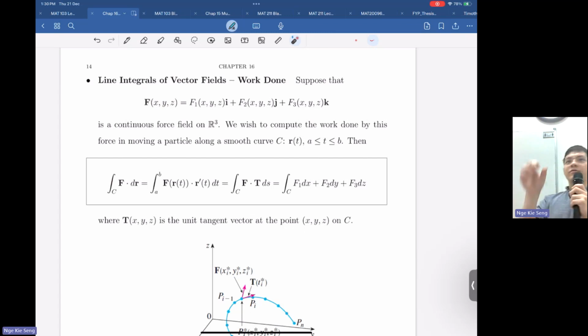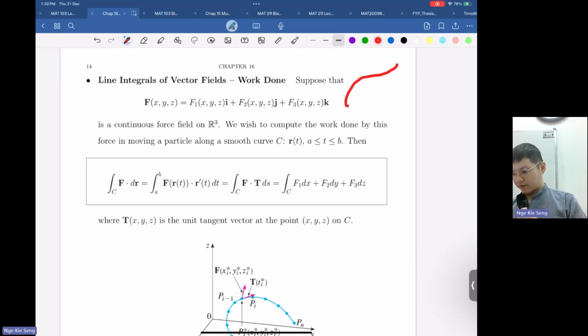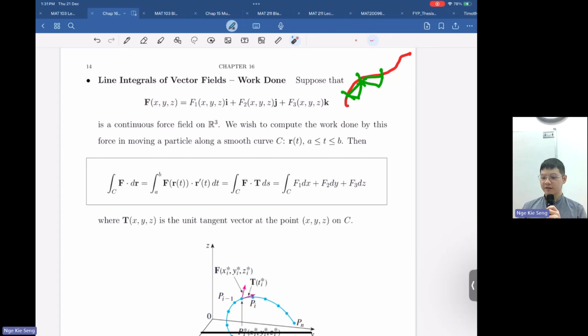We need to use the Pythagoras theorem. If we have this curvy line here, we can use the Pythagoras theorem to estimate the length. Then we make the partition smaller and smaller so that the hypotenuse will approximate our curve better.